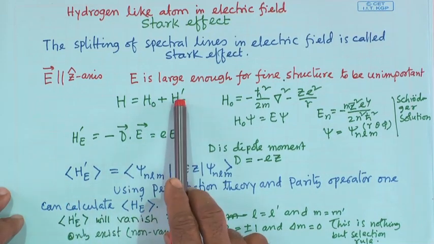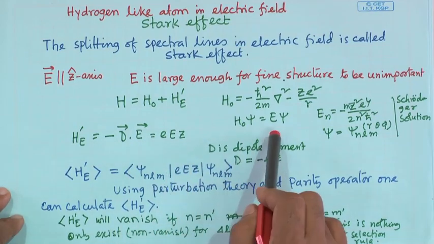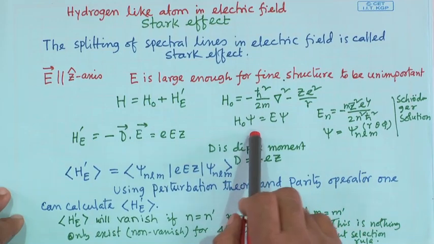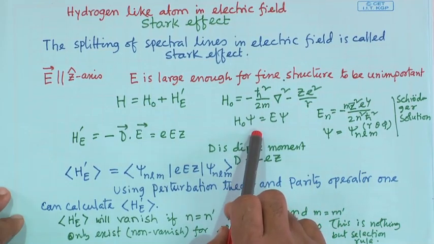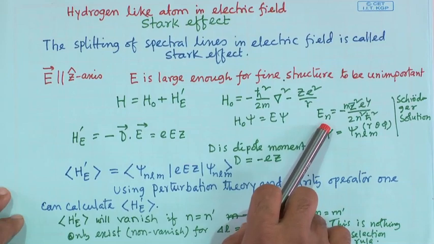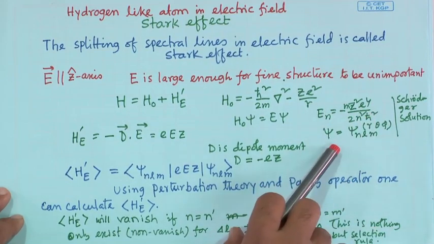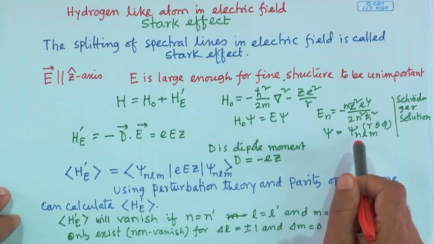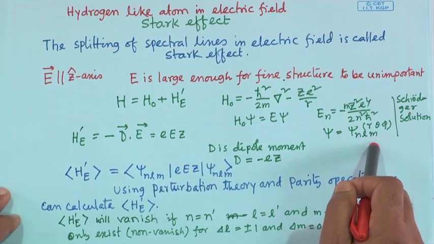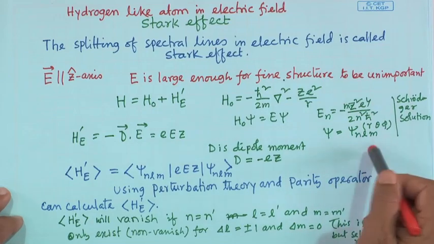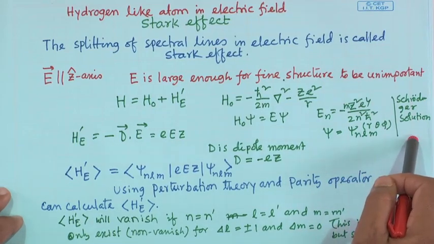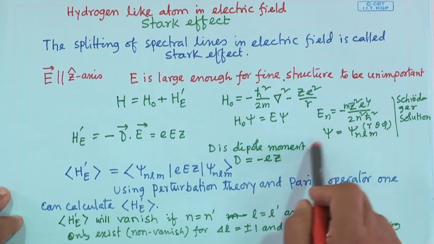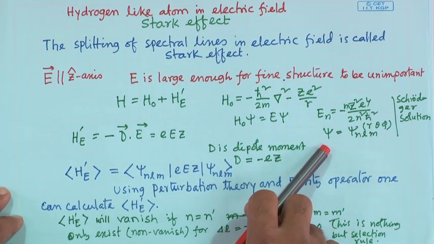Now we have to consider the unperturbed Hamiltonian. We know the wave function as well as the energy term, and the suitable eigenfunction is psi n l m, the wave function we got from the Schrodinger solution.